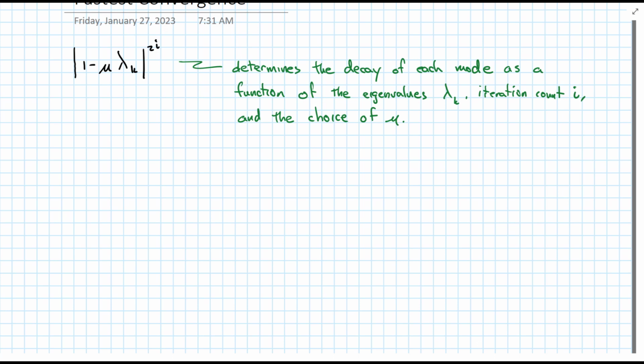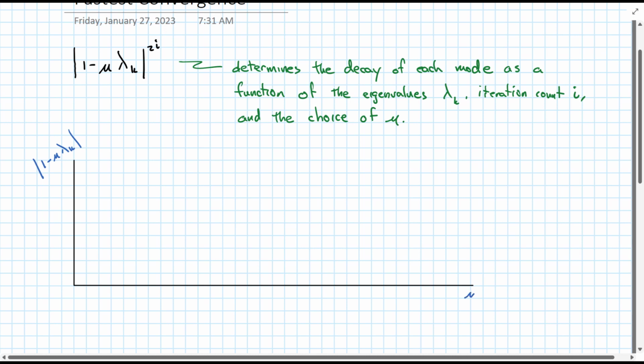Well, let's use this now to come up with a best choice for mu. We will do this by plotting our absolute value of 1 minus mu lambda k as a function of our choice of mu, and we notice a pattern that emerges.